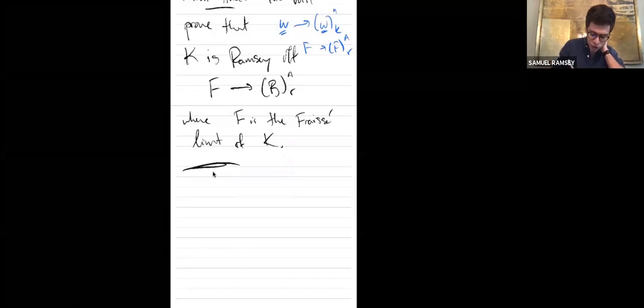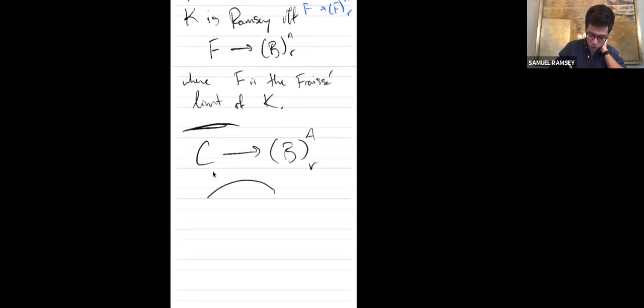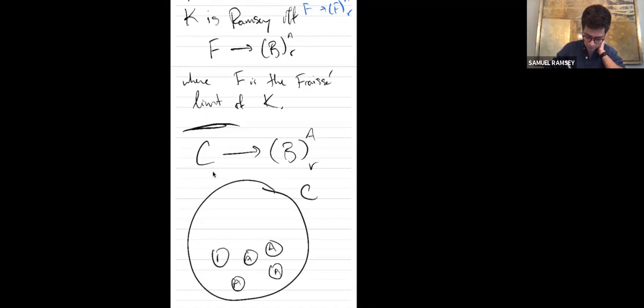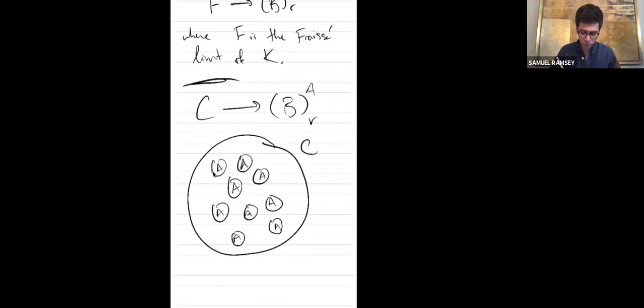So, let's just remember what this notation says. This says, whenever you have a structure C, and you have some coloring with R values on all the copies of A sitting inside, then you can find sitting inside of C some copy of B such that all the copies of A sitting inside have the same color.